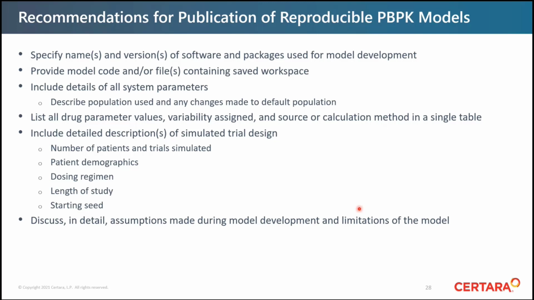It's also important to list all your drug parameter values, the variability assigned, and the source of those parameters, or the calculation method that was used in a single table. One of the issues I've run into in other studies is that they may not clearly define what calculation method was used to, for instance, determine the volume of distribution of a compound.